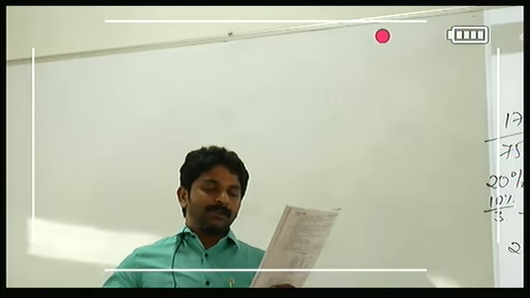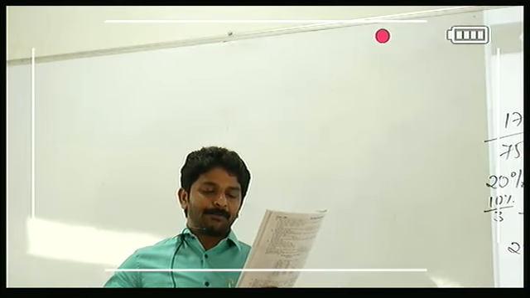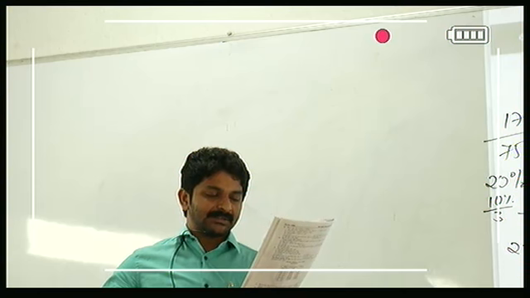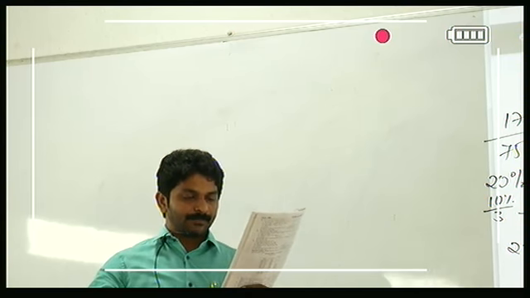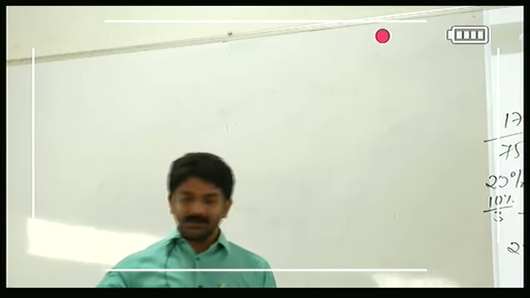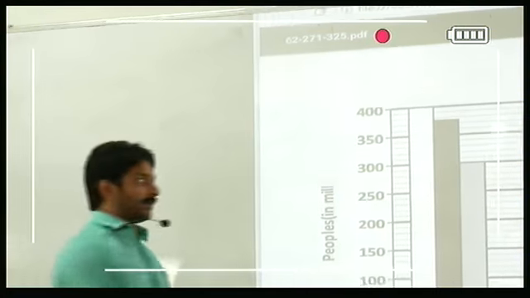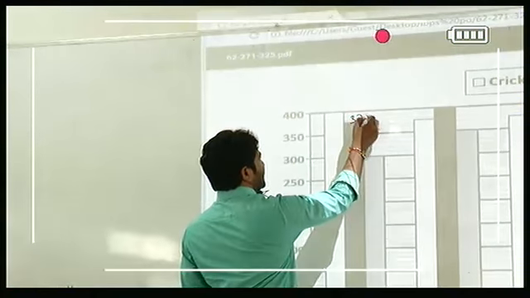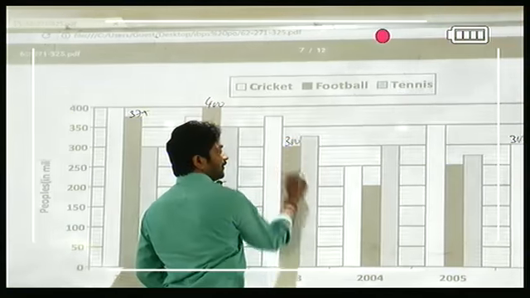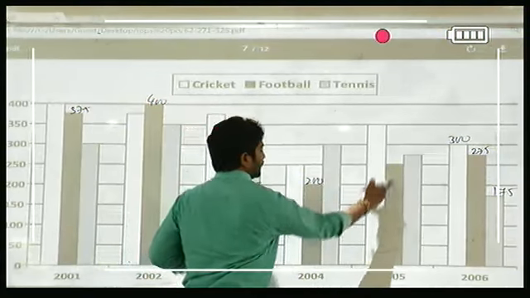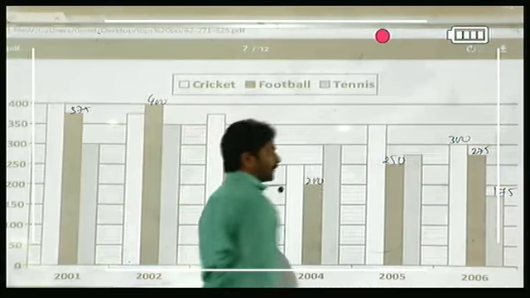Next, from 2001 to 2006, the total number of people who preferred to play football was how much? From 2001 to 2006, you just need to add everything. This is about football, right? The middle numbers: 375, 400, 300, 200, 250.